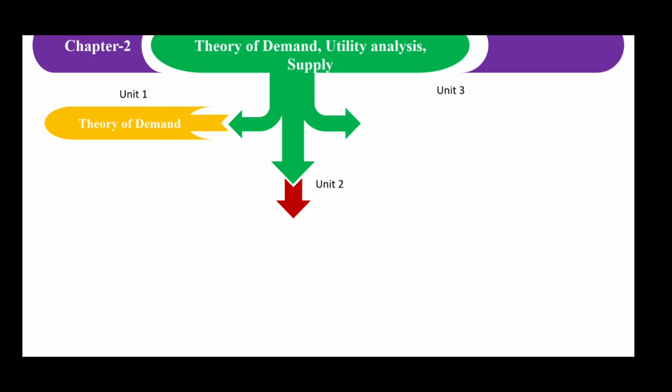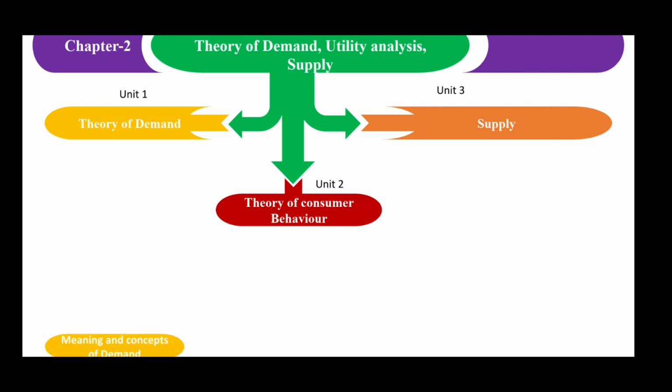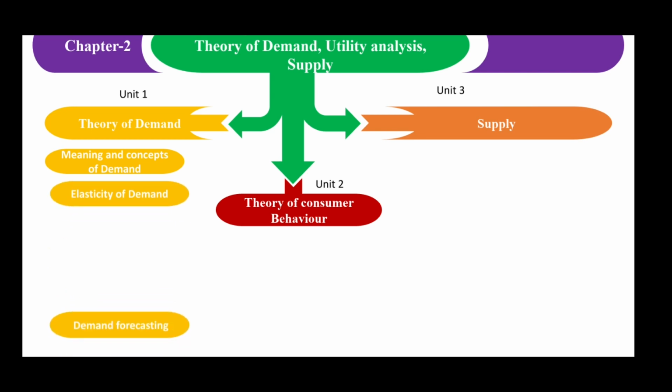The second unit covers utility analysis, like law of marginal utility, law of equimarginal utility, and indifference curve analysis. Simply, the second unit deals with utility analysis, both cardinal and ordinal, so it covers marginal utility analysis and indifference curve analysis.